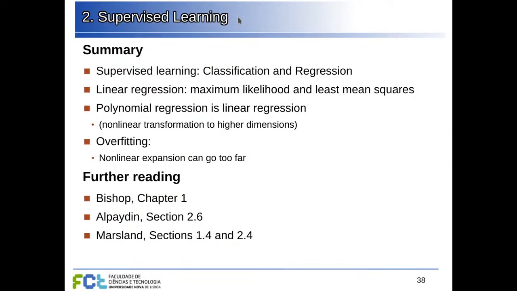So for today, we saw these basic notions of supervised learning and the difference between classification and regression. And we started looking at linear regression. So solving a regression problem where we're trying to predict a continuous value using a linear model, a model for which the output is a linear combination of the inputs.